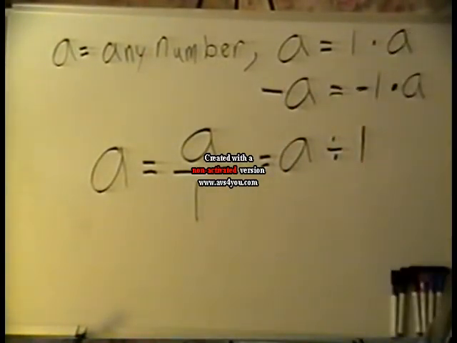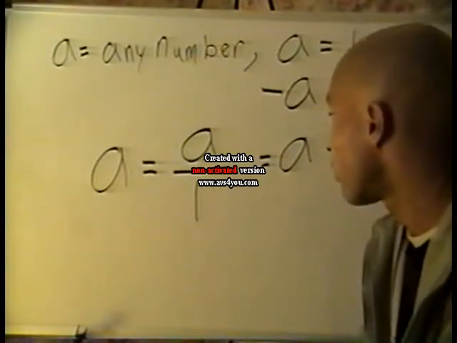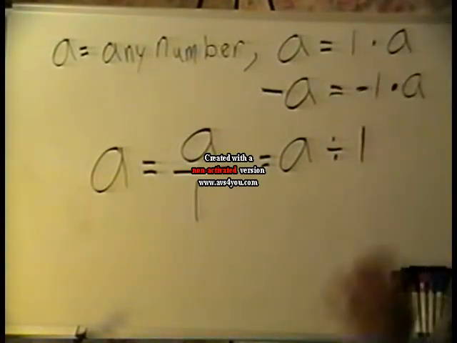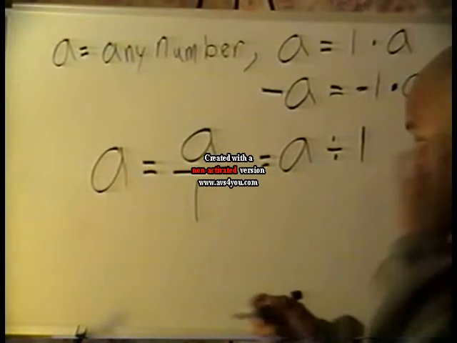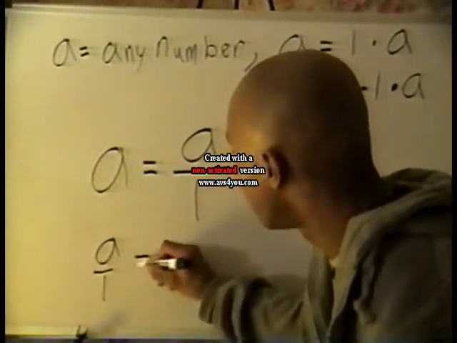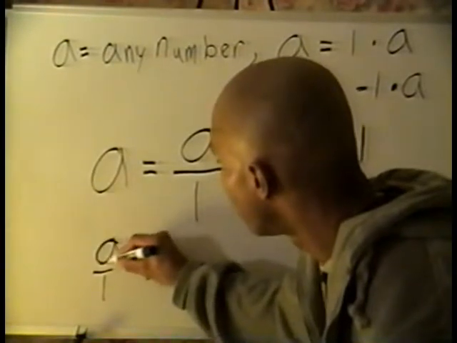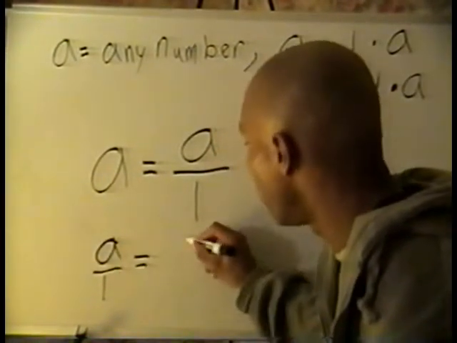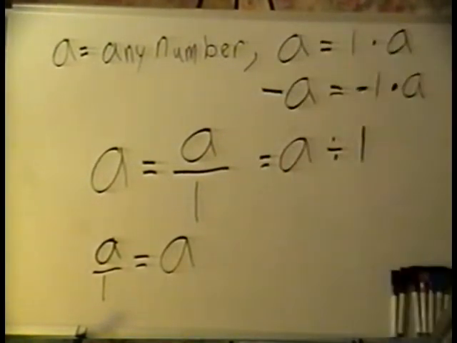That's the third law you need to know. Any number divided by 1 equals that same number. Dividing a number by 1 does not change the number.